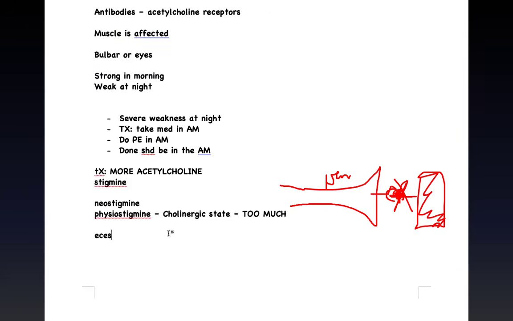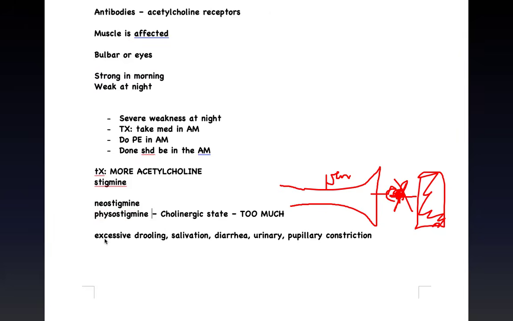Acetylcholine. So cholinergic, excessive, you have drooling, right? Salivation, you have diarrhea, you have urination, you have pupillary constriction. All this is there. Too much cholinergic effect. So this is the side effect of that medication. When you give them too much, you overshoot.